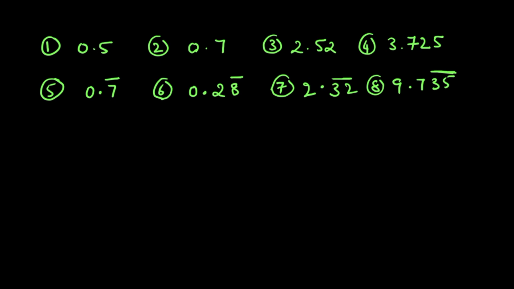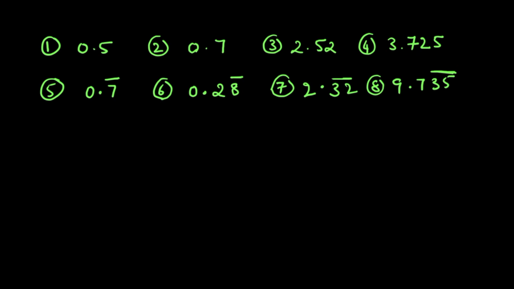In the next row, questions 5, 6, 7, 8, the two models we have discussed, you can follow any model while doing this task, either the first model or the second, shortcut model. When writing it in p by q form, that means fraction form, we observe clearly what the periodicity is. Periodicity means the continuously repeating number. We can write either in shortcut form or in the normal form, depending on the periodicity.